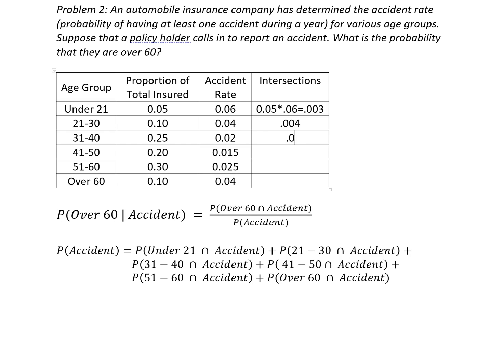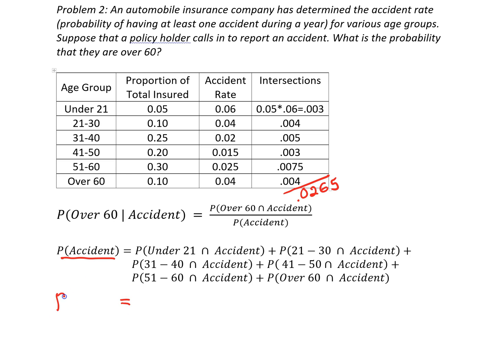In the next row, I got 0.005, 0.003, 0.0075, and 0.004. Now, when I added these values together, I found that I had a value of 0.0265. Now, this is actually the probability of an accident overall, regardless of age.